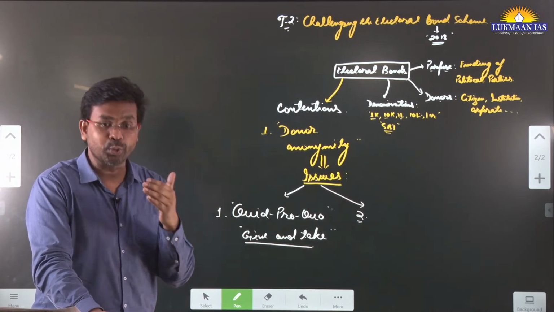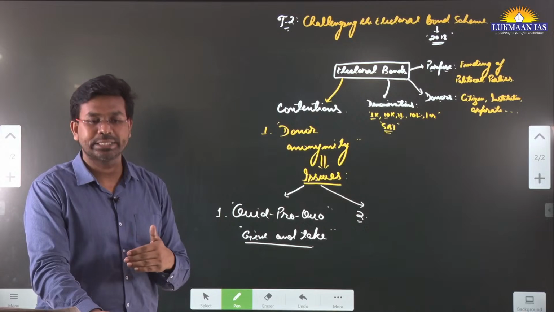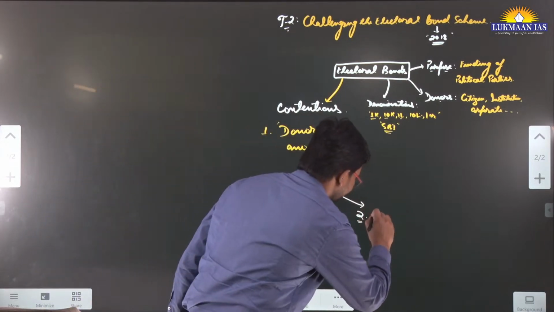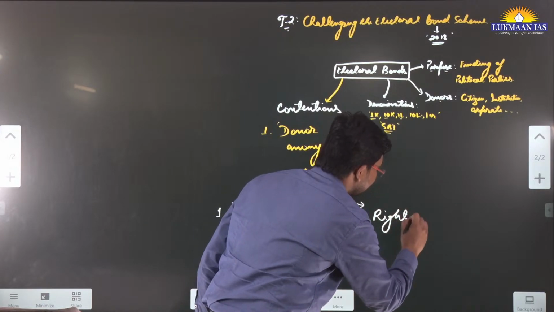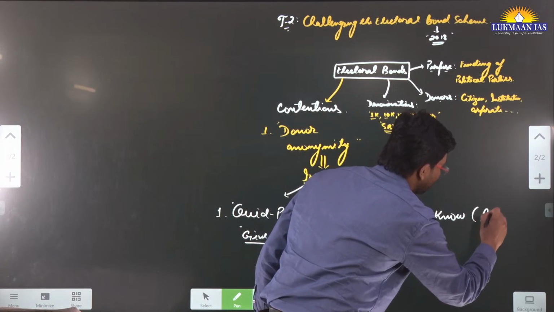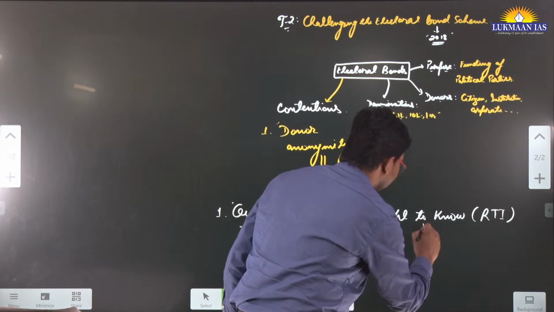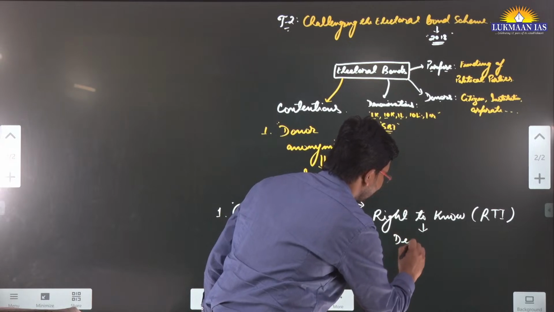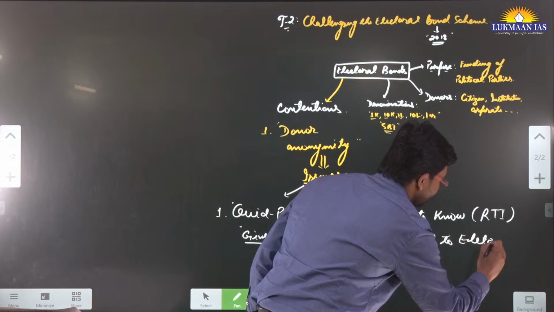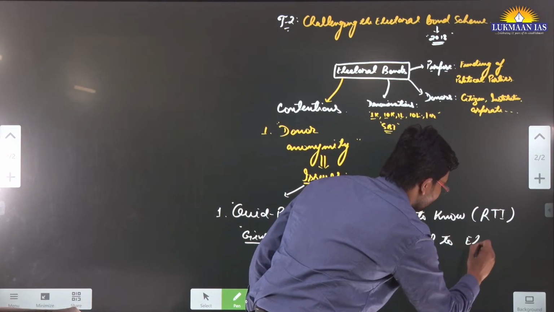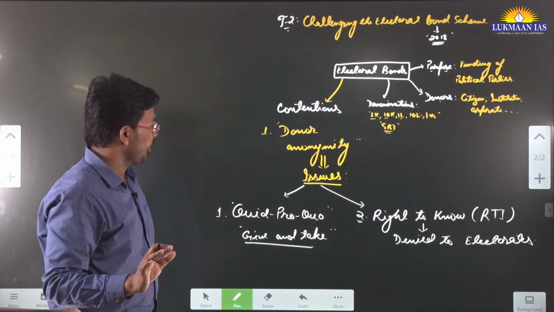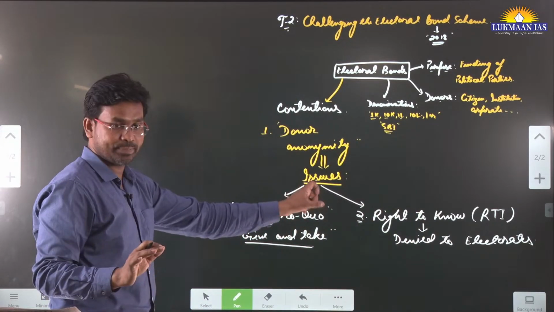So the right to know, which is a democratic right of the citizens, is being curtailed. The right to information, RTI, is denied to electorates, meaning those people who vote. This is another major issue, apart from quid pro quo.